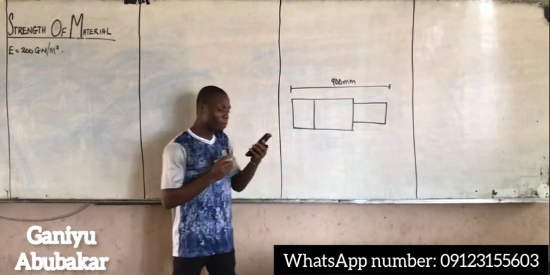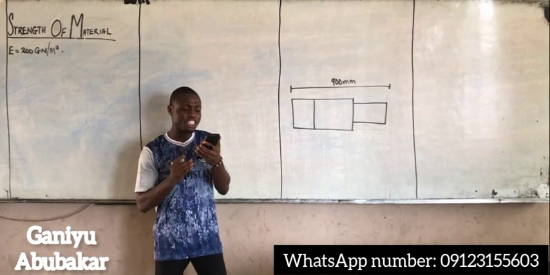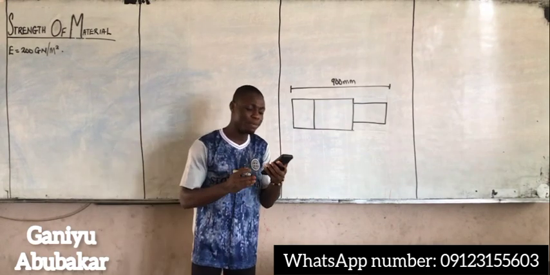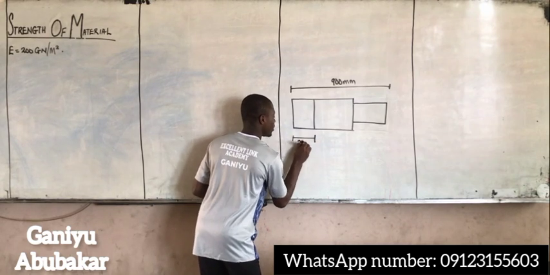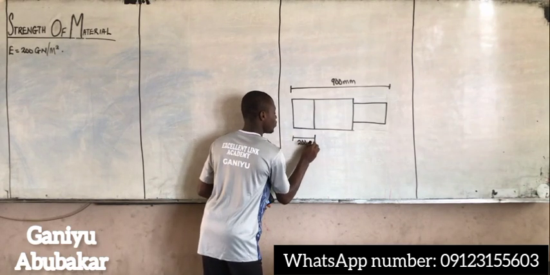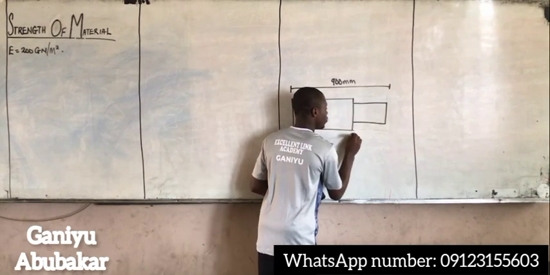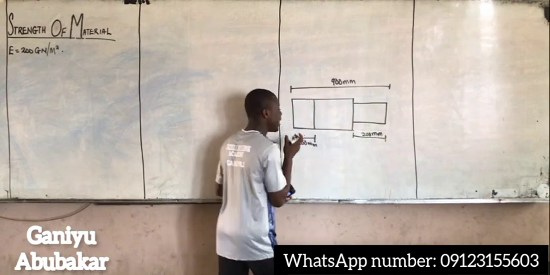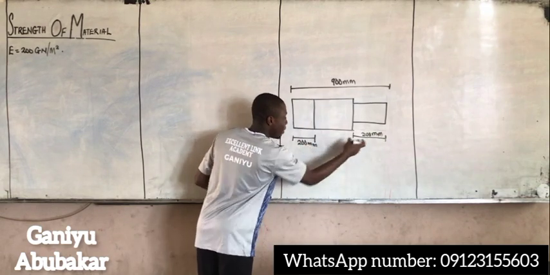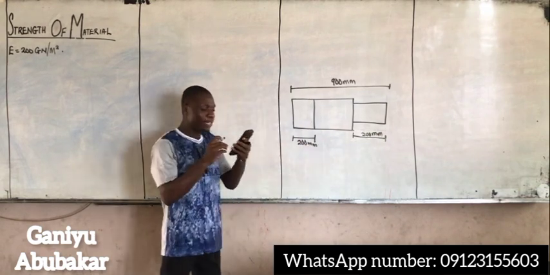I'm told that the length of each end is 200 millimeter. The length from here to here is 200 millimeter, and also from here to here is 200 millimeter.